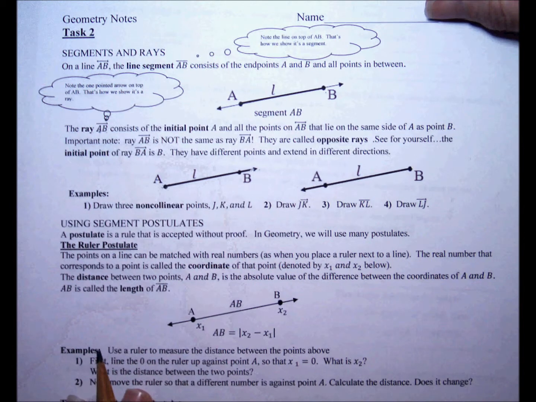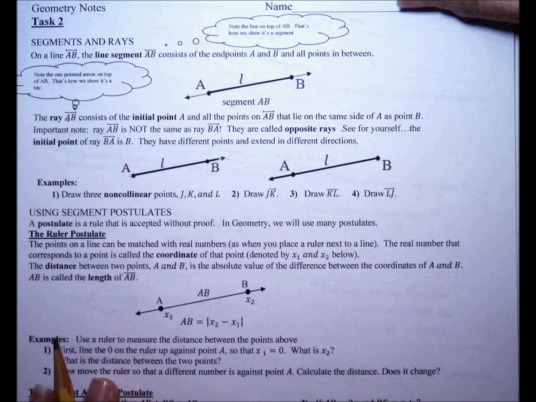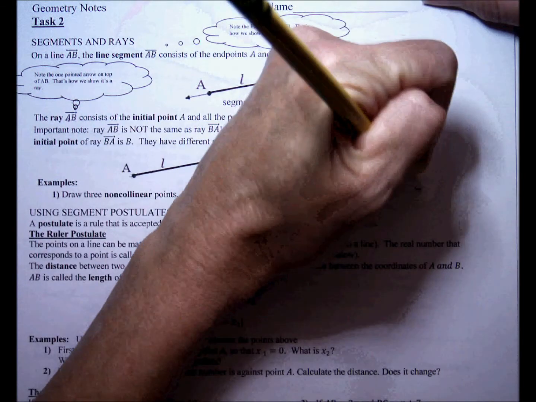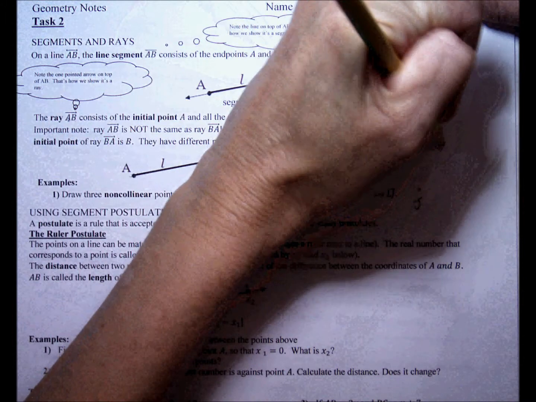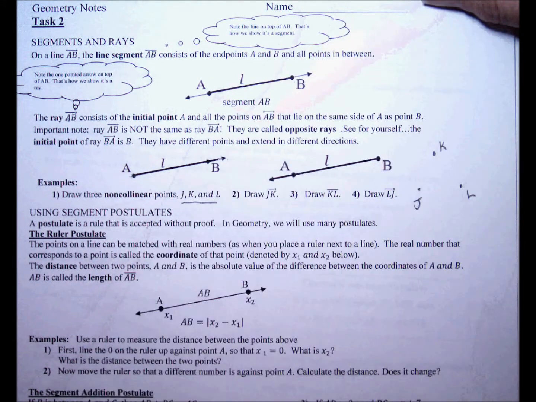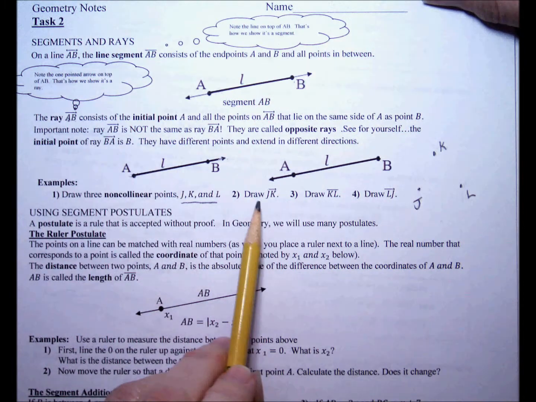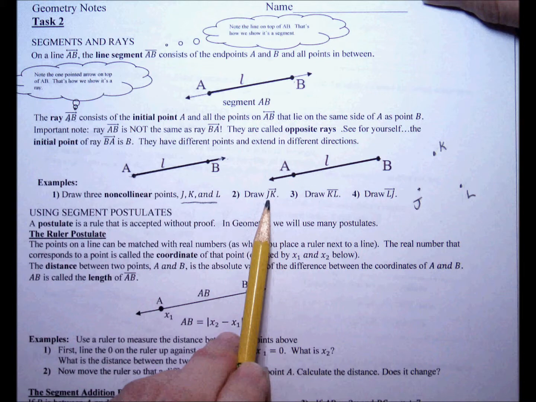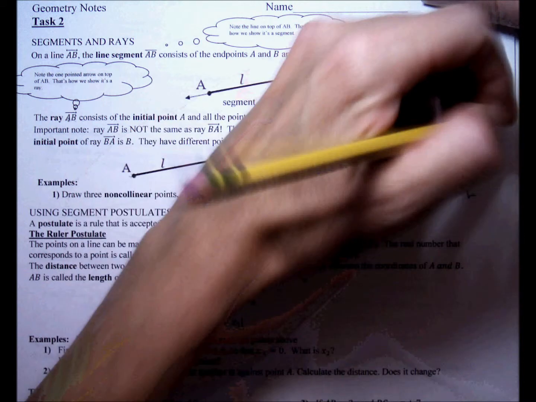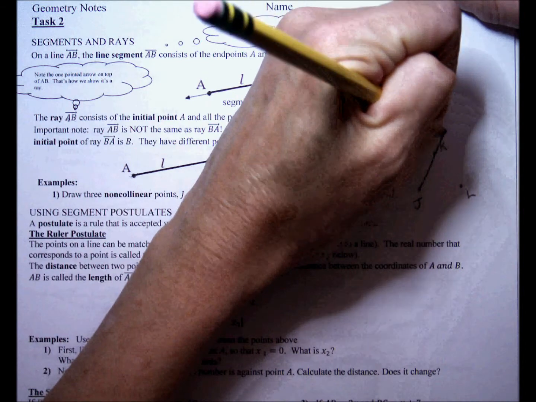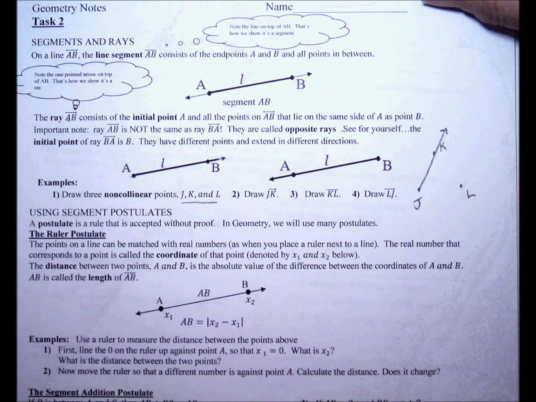Now I've given you just a little space to draw points J, K, and L. So I'm going to draw J, K, and L. I'm probably going to write over them when I start drawing my lines. This says to draw ray JK. So the initial point is J, and it goes through K and keeps going.